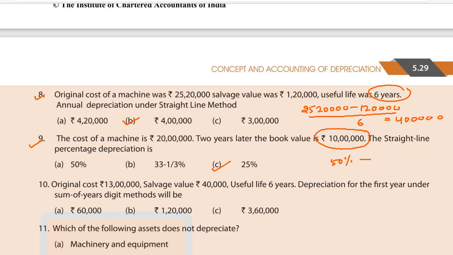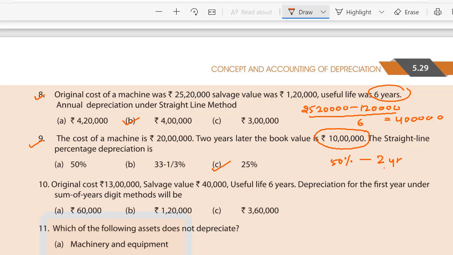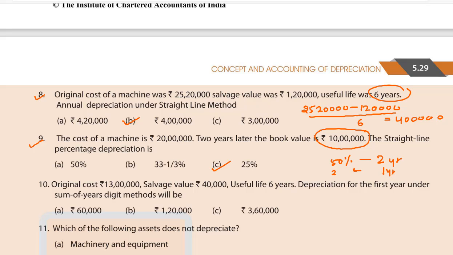So 50% depreciation is for 2 years, so per year it is 25%. For 1 year, the depreciation is 25%.